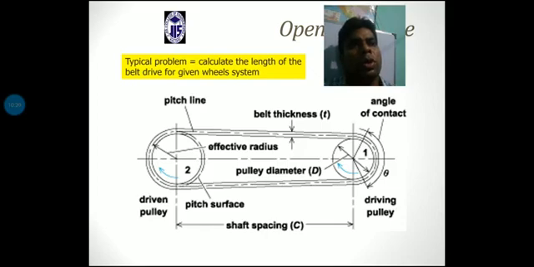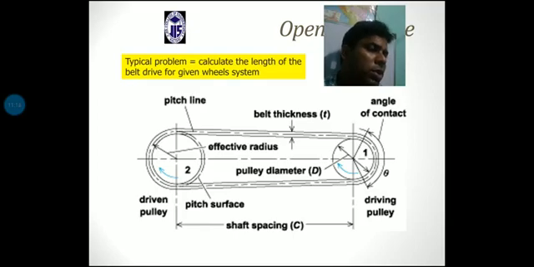So the properties of the flat belt material can be used as per the conditions. Number one, the material should have adequate tensile strength to resist the tension in any operations of the belt systems. Number two, the coefficient of friction between the belt and the pulley, but the pulleys may be in same direction or maybe in different direction.